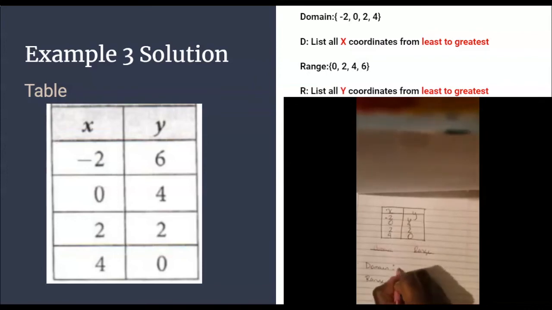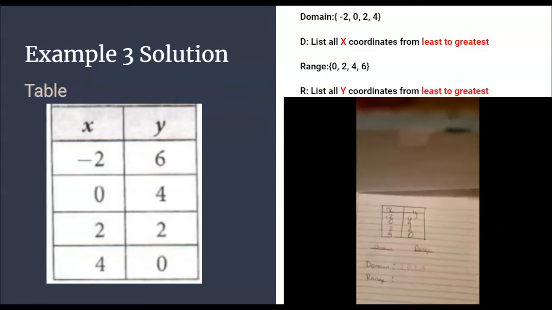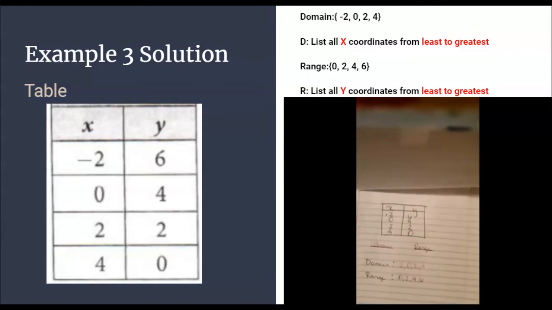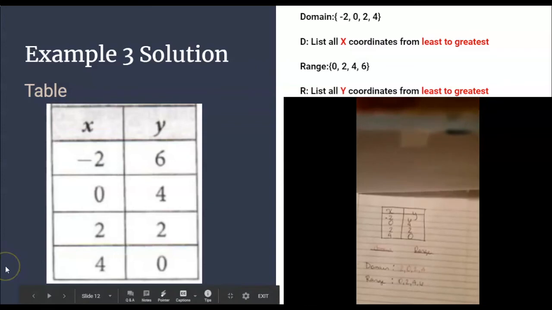So for our x, our least value would be -2, then 0, 2, 4. For our range, we will need to do the same. Those values should be recorded as 0, 2, 4, and 6. Remember, we have to put them in order from least to greatest.